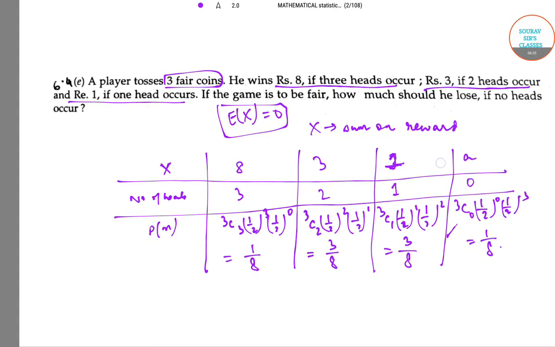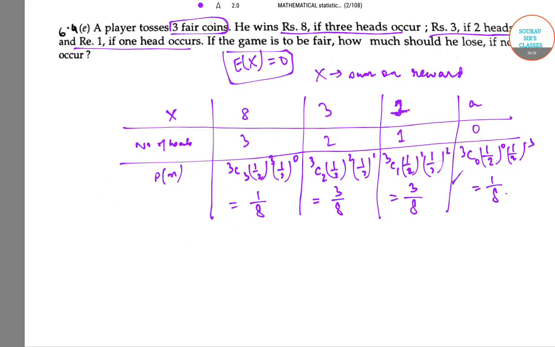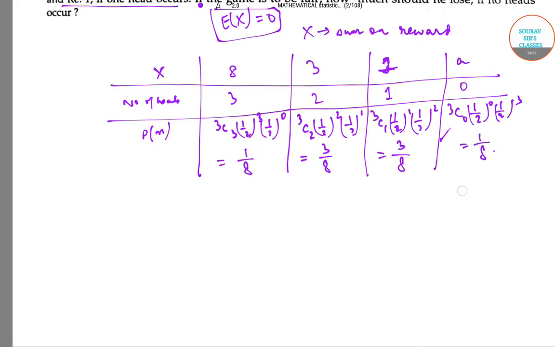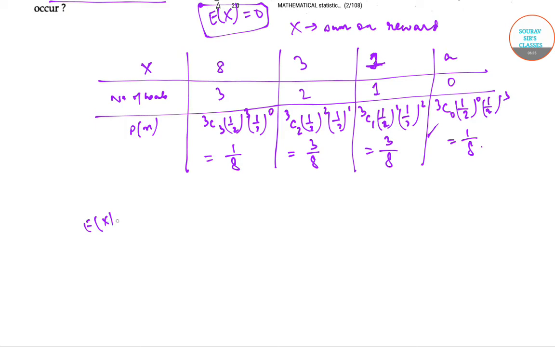So now we need to calculate expectation x is equal to 0. So expectation x is equal to summation xp, which is 8 into 1 by 8 plus 3 into 3 by 8 plus 1 into 3 by 8 plus a into 1 by 8.